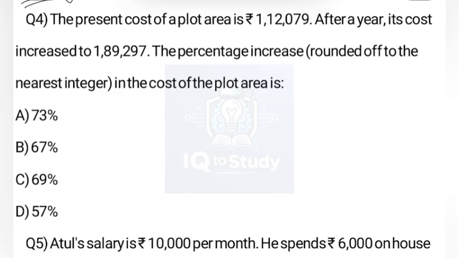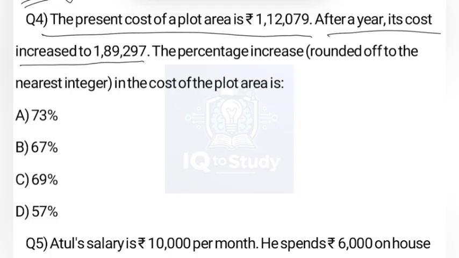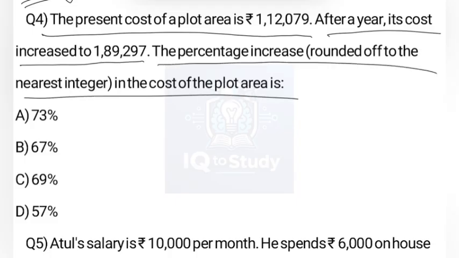The present cost of a plot area is 1,12,079 rupees. After a year, its cost increased to 1,89,297. The percentage increase in the cost of plot area is?